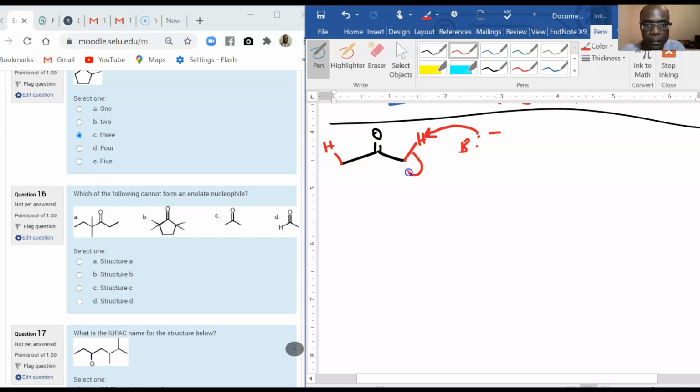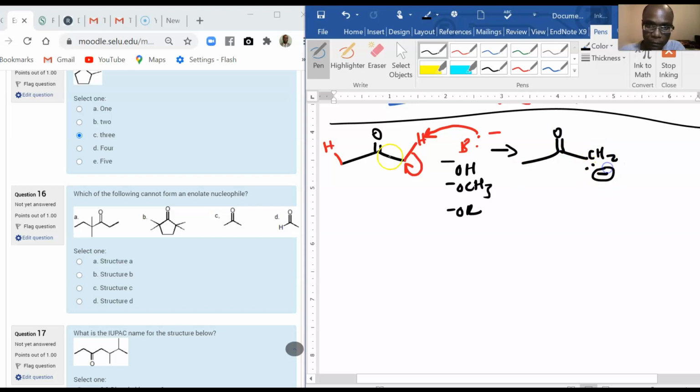If you take out the hydrogen, the electrons go there. The base here could be OH minus or OR minus. So you will have CH2 with negative charge. Remember here there are 2 hydrogens. There were 3 hydrogens, one taken out by the base. Of course, the base makes the conjugate acid.